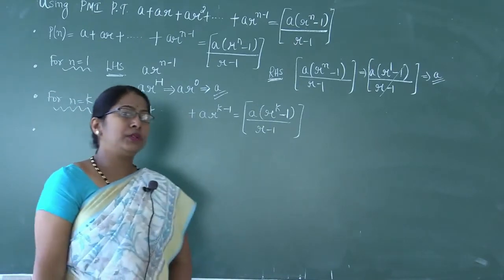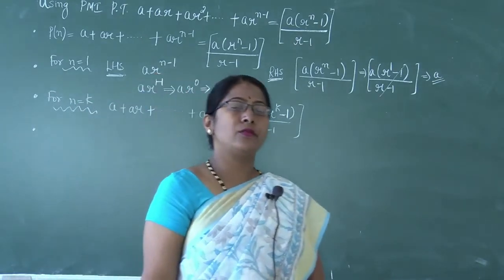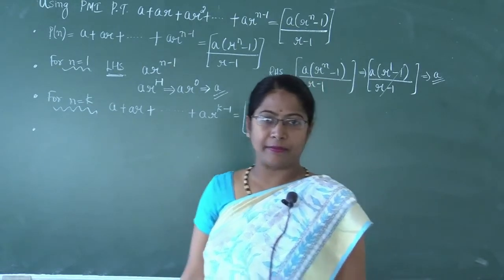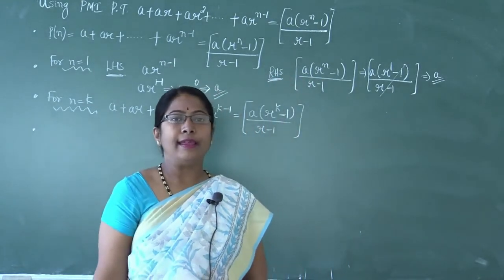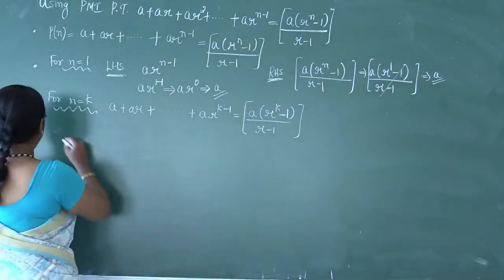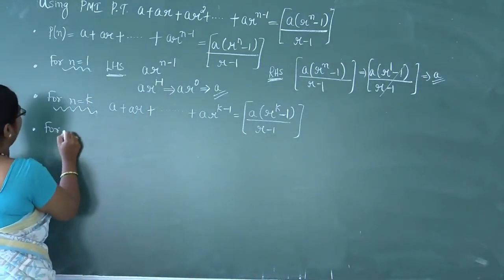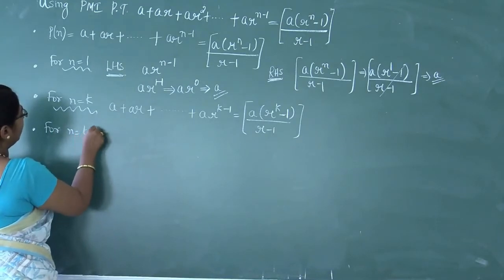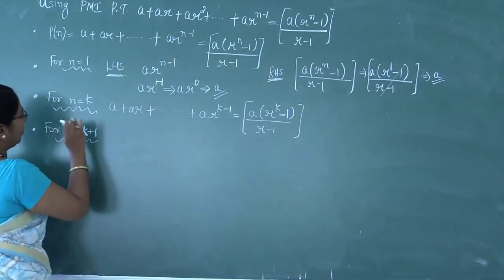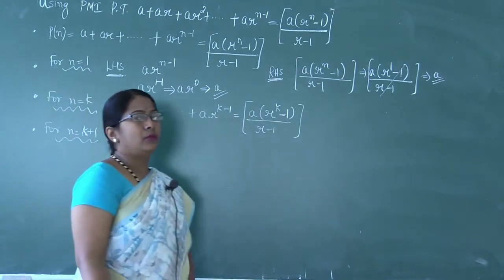Next, what is the last step? Using step number 3, we shall prove that the given statement is true for n equal to k plus 1. So, for n equal to k plus 1, what do we write?